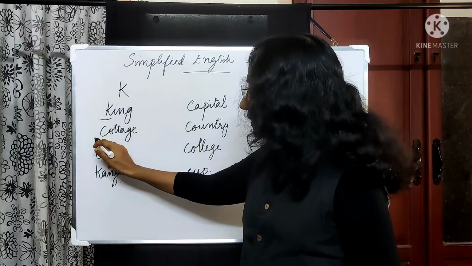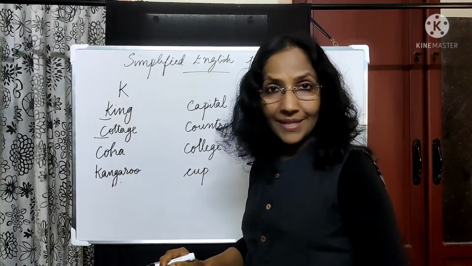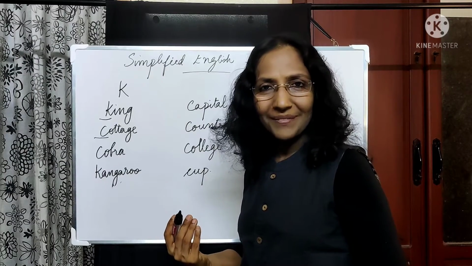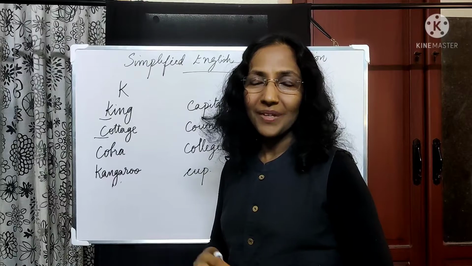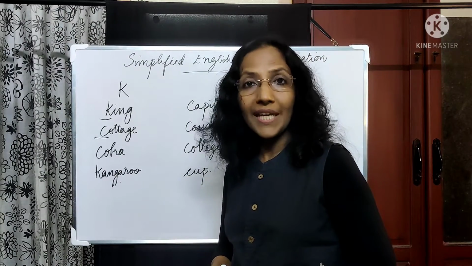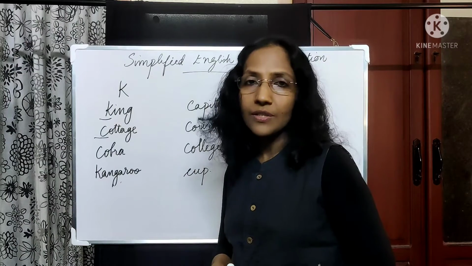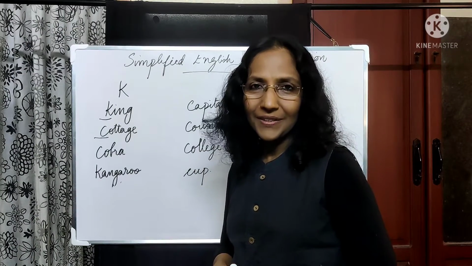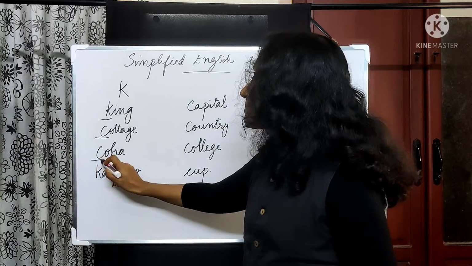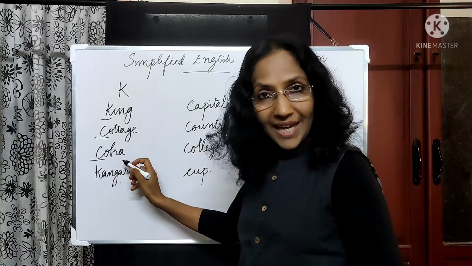So it is written with the alphabet C, but it is pronounced K. It's cottage. We usually have a tendency to utter and pronounce it incorrectly. It's cottage.